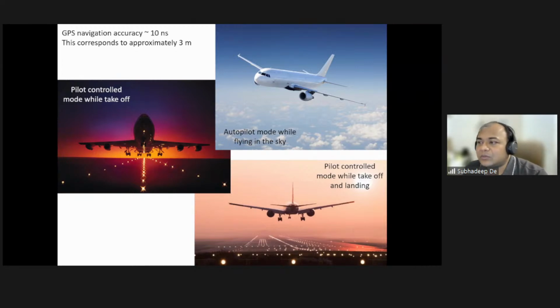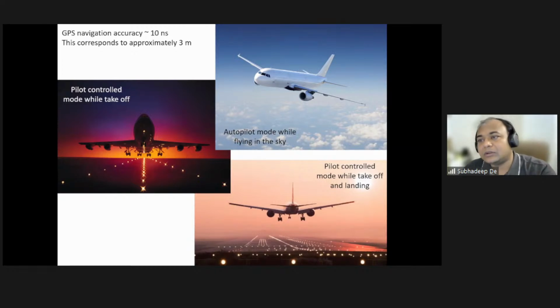Now the question is why this autopilot is not used when it is landing or taking off. Because the typical width of a runway is around 20, 25, sometimes 30 meters, and typical GPS signal accuracy is on the order of 10 meters. So, roughly speaking, if it is in autopilot mode, it won't be able to find the path of the aeroplane with plus or minus 10 meter accuracy.